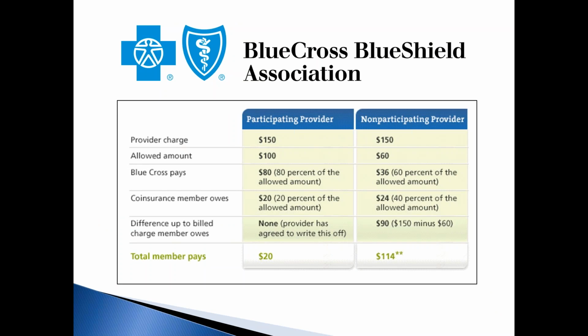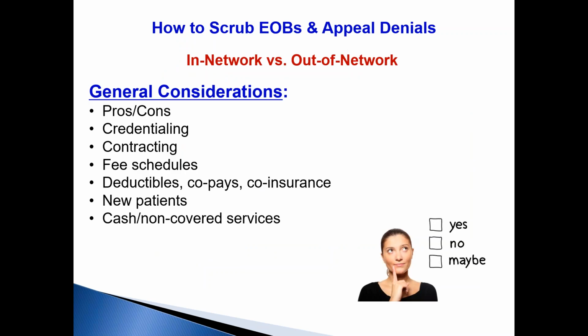Look, in-network provider charges $150, out-of-network charges $150. What does the patient have to pay to an in-network provider? Only $20. If you go to a non-par provider, you'll have to pay $114. See how they steer patients to in-network providers? So in-network and out-of-network, make sure you know there are pros and cons to being in, pros and cons to being out.